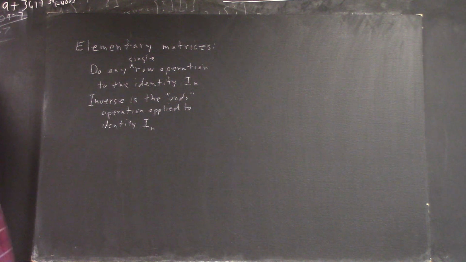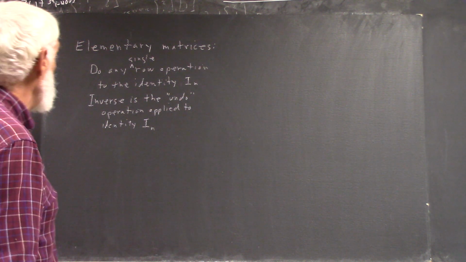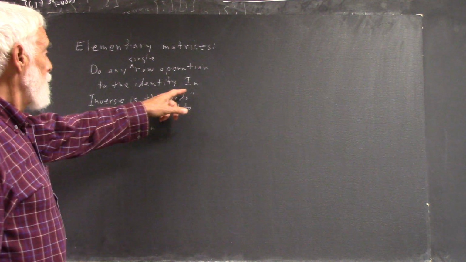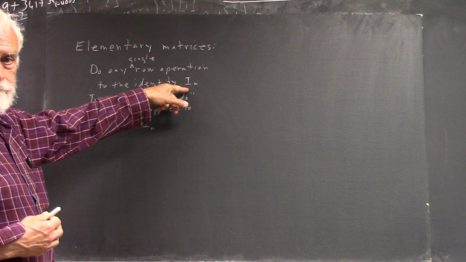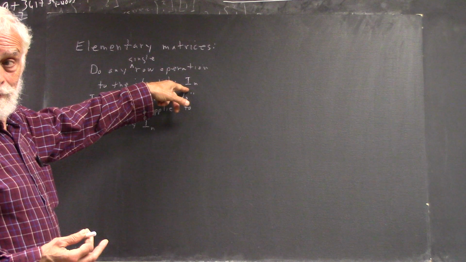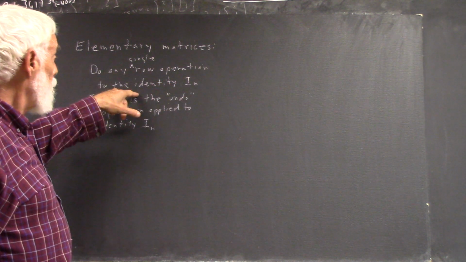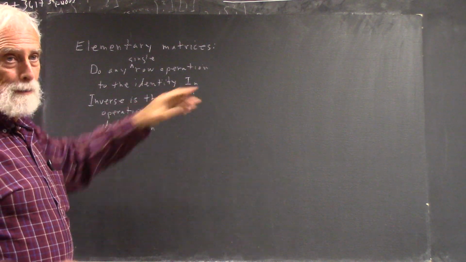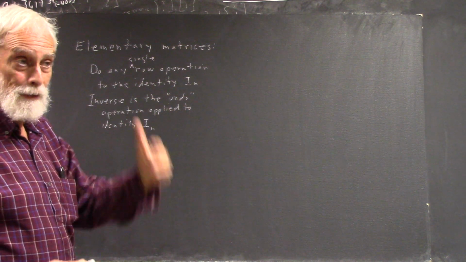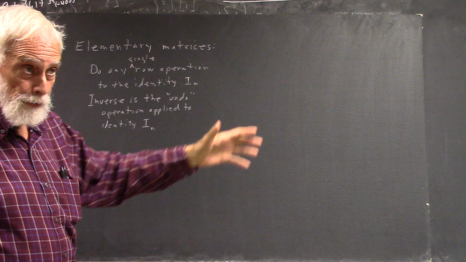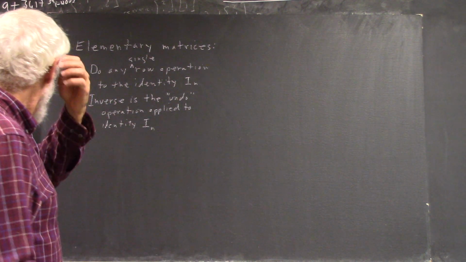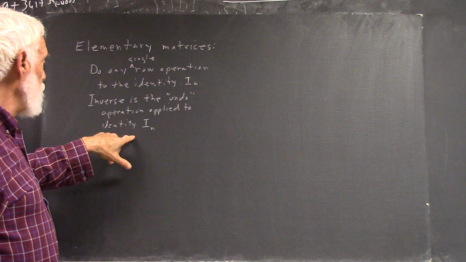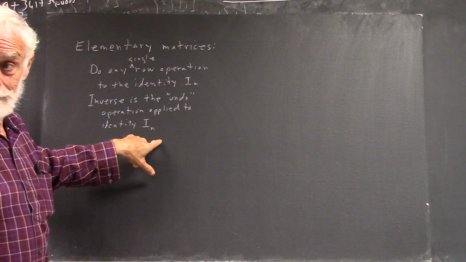Okay, elementary matrices are the matrices you get for any n by doing a single row operation to the identity matrix I sub n. I sub n being the square matrix, n by n, with ones on the diagonal, 0 everywhere else, and we know that the inverse is the undo operation applied to the identity.